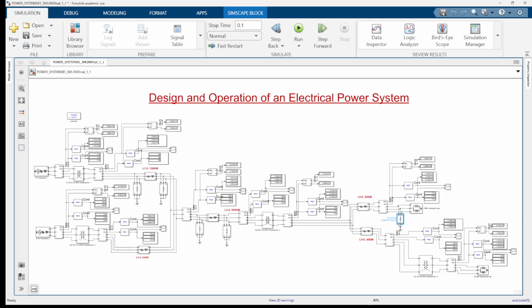Proper transformer sizing, realistic transmission line modeling, and reactive power compensation were critical to achieve this reliable system performance. This model shows how real-world power systems balance voltage and power flow, losses, and stability across multiple voltage levels.